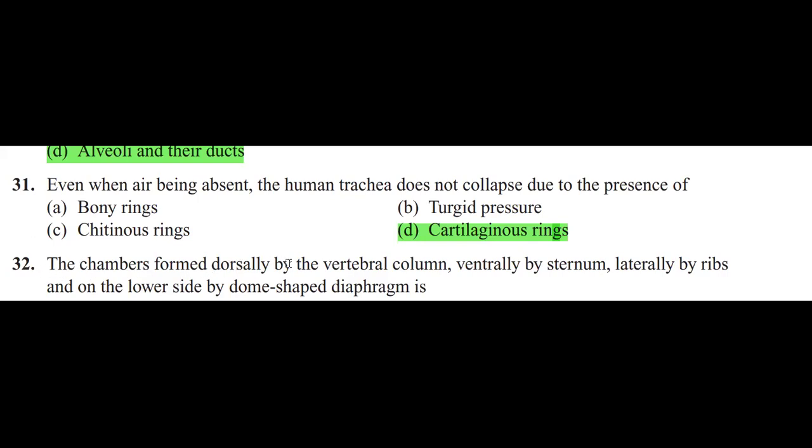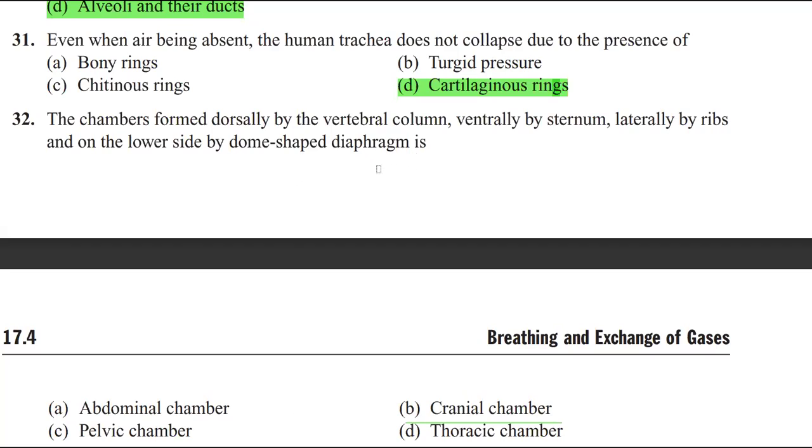The chamber formed dorsally by vertebral column, ventrally by sternum, laterally by ribs, and on the lower side by dome-shaped diaphragm is abdominal chamber, cranial chamber, pelvic chamber, thoracic chamber. That is thoracic chamber.